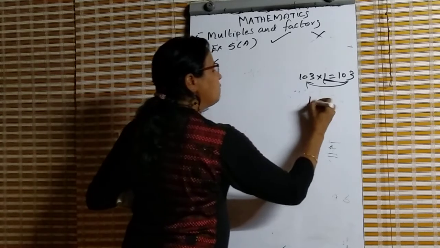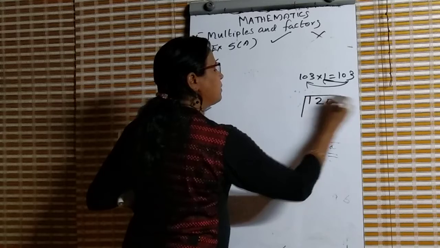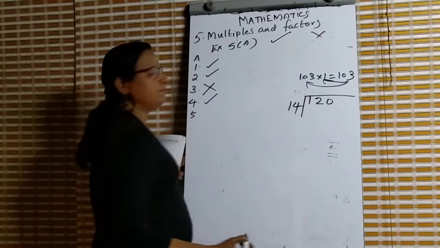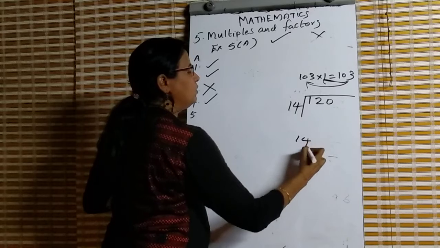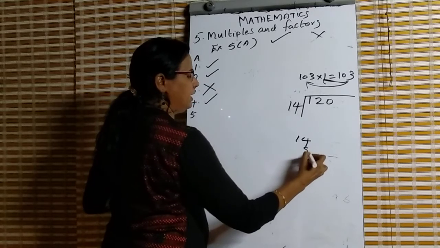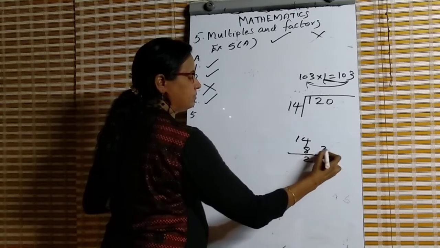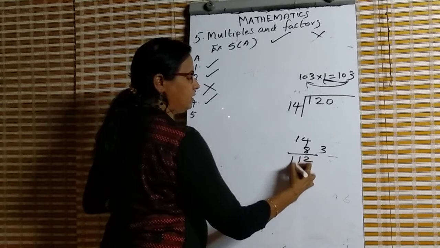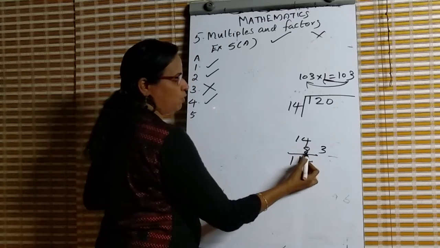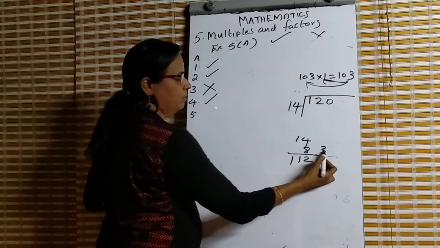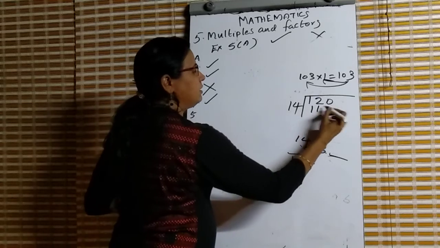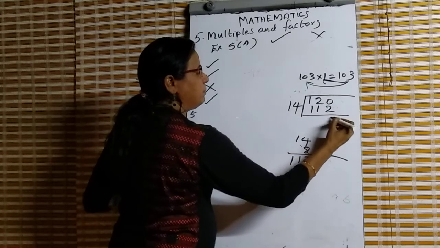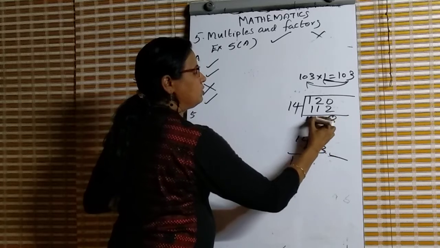Fifth question. 120 is a multiple of 14. We divide 120 by 14. 14 into 8, 112. 120 minus 112 is 8.